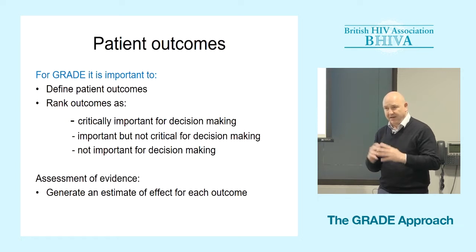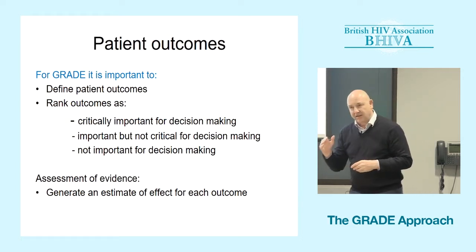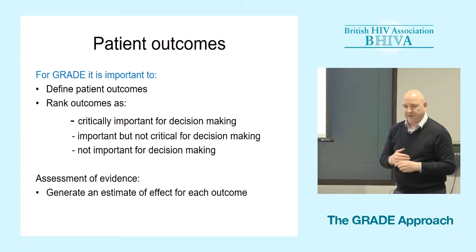So defining the outcomes that are important for decision making at the start of your process is very important. You shouldn't do it at the end. If you look at your evidence and say, I'm going to look at this outcome because I think it's best to what I think should happen, that's not the right way forward. You need to define it, and all the guideline committees would have looked at the outcomes and ranked them accordingly with what is critically important.